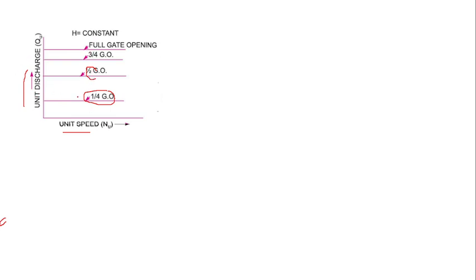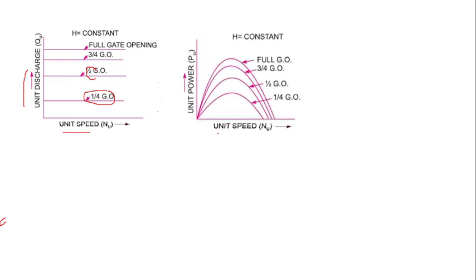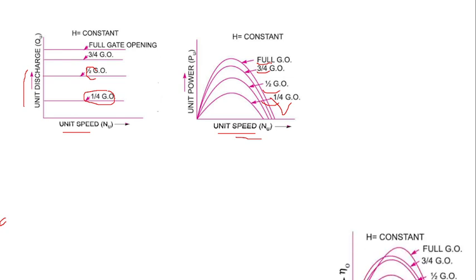So unit discharge will be constant, straight lines. Whereas for unit power against unit speed, with 1/4 gate it increases up to a certain extent and again comes to 0. Same kind for 1/2 gate, 3/4 gate, full gate.